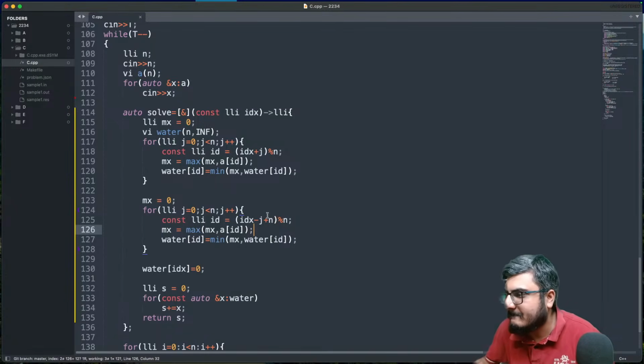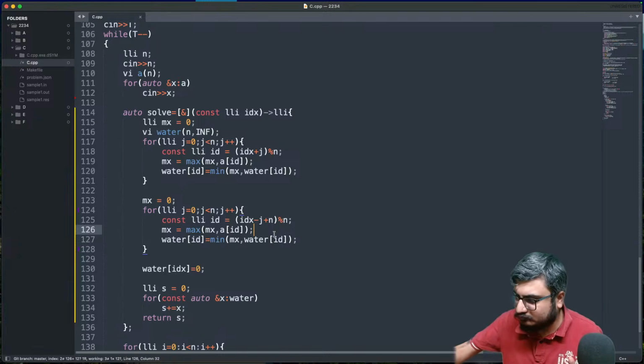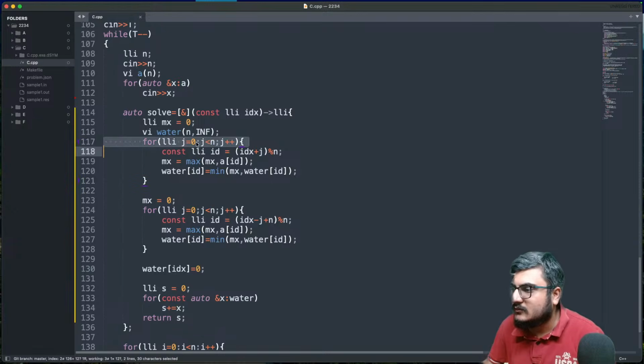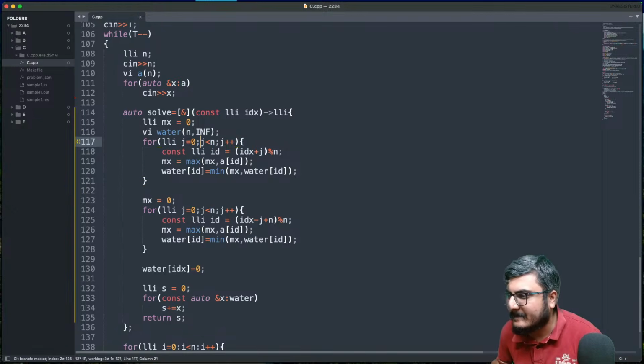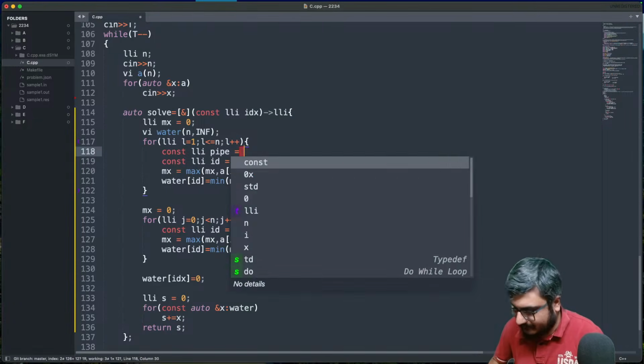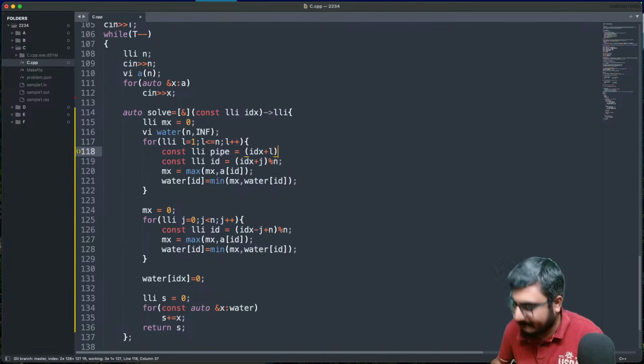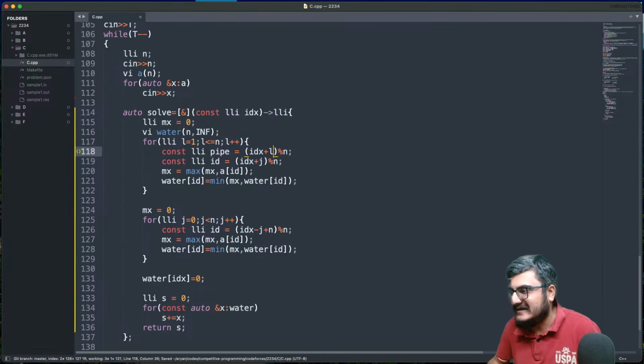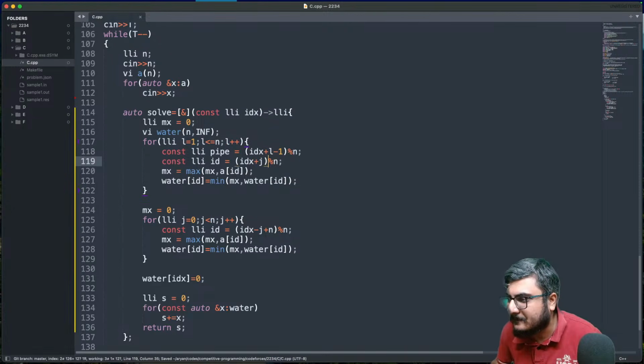Let's put it this way. If I take J steps, the pipe would be IDX plus L minus 1, because the first time you would be at I5.